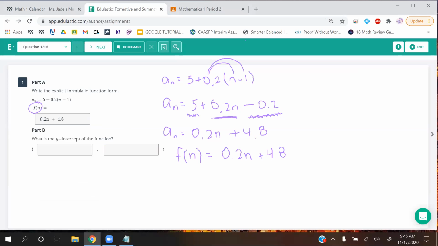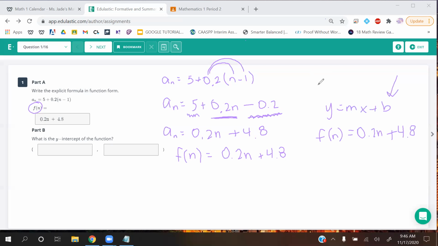And then for the y-intercept, you guys should remember from the y equals mx plus b that the y-intercept is the b. So in this case, we have f of n instead of a y, but that's okay. It's the same thing. Is equal to 0.2n instead of mx, but that's the same thing because this is the one with the variable. And then we have plus 4.8.